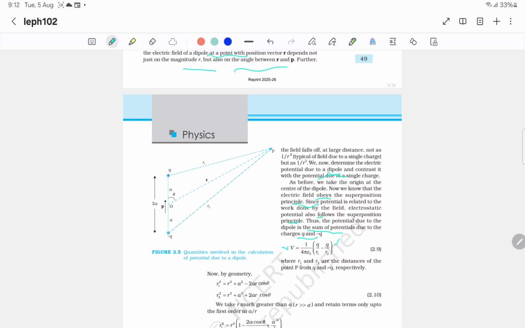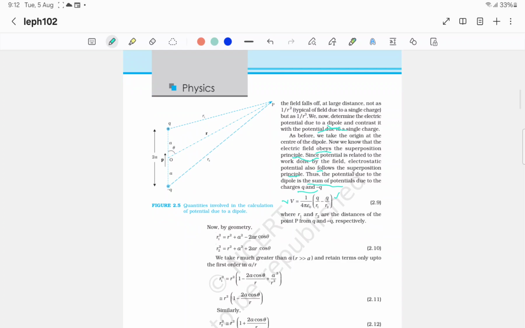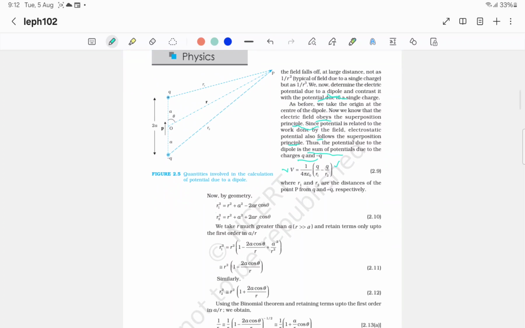So we take r much greater than a, and retain terms only up to the first order in a by r.